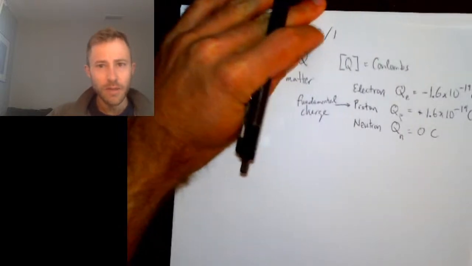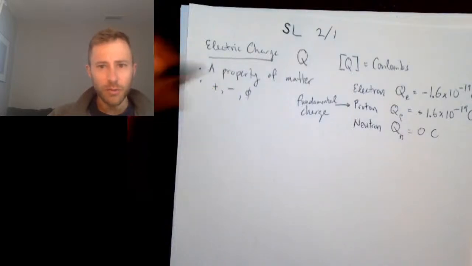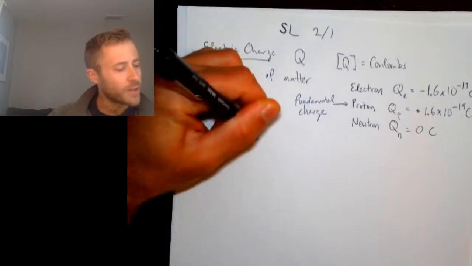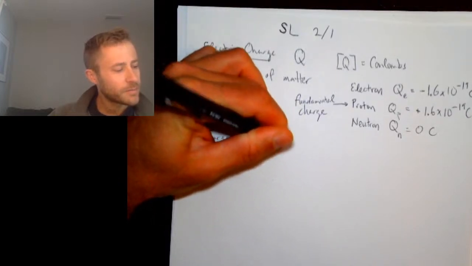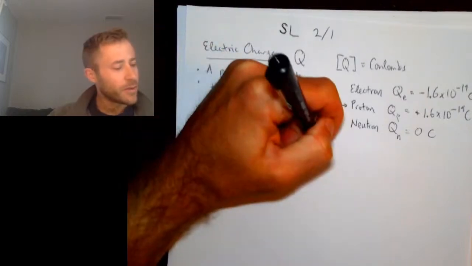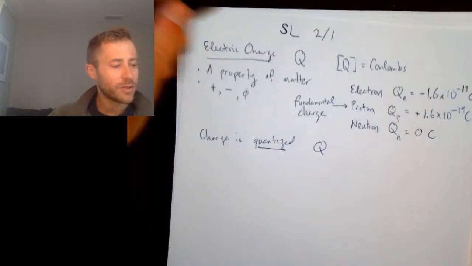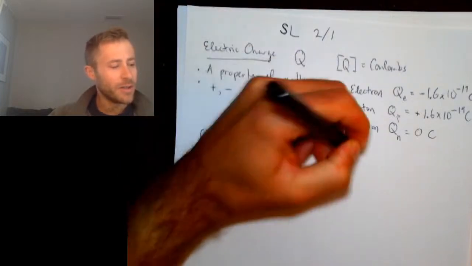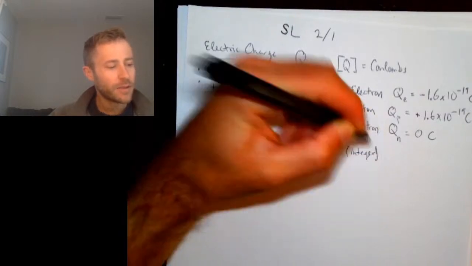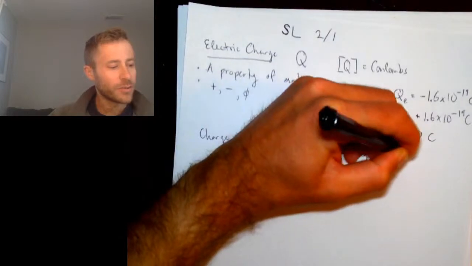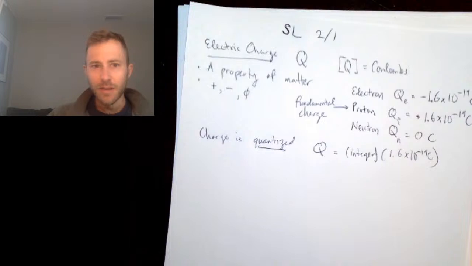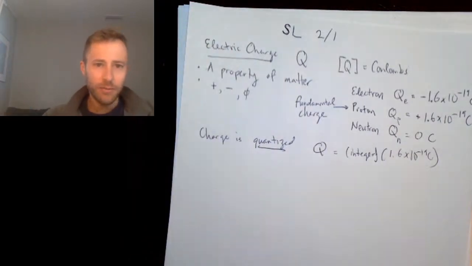Okay, that's the fundamental amount of charge. So as far as we know, charge is quantized. Okay, meaning that the possible amount of charge is going to be an integer times 1.6 times 10 to the minus 19 coulombs. So you can't have 1.5 fundamental charges.